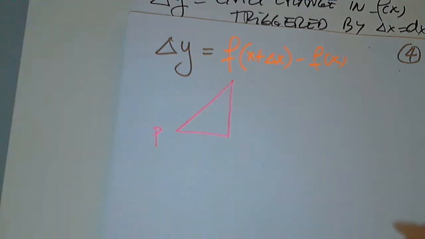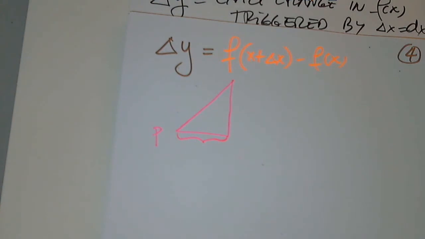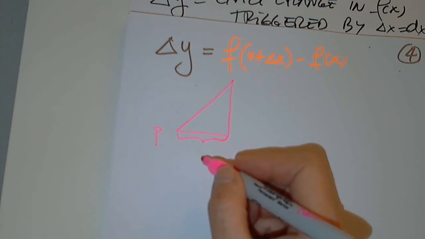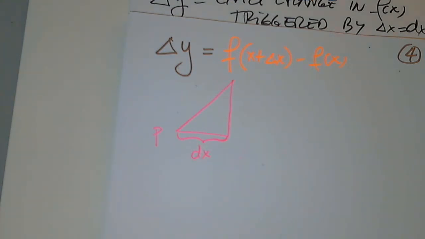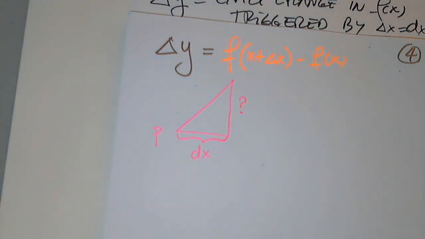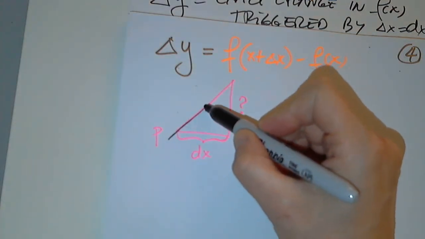So this is P. How much is this? It's dx. Excellent. Stay with me. I have no idea what this is, not yet, anyway. And I'm going to ask you, what is the slope of this line?